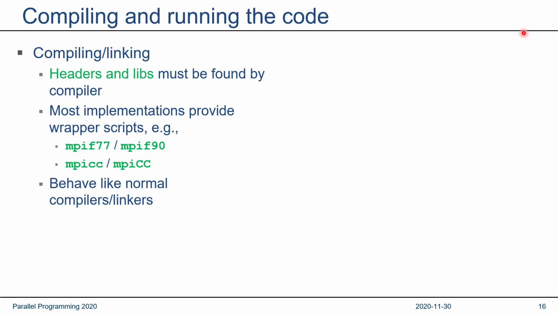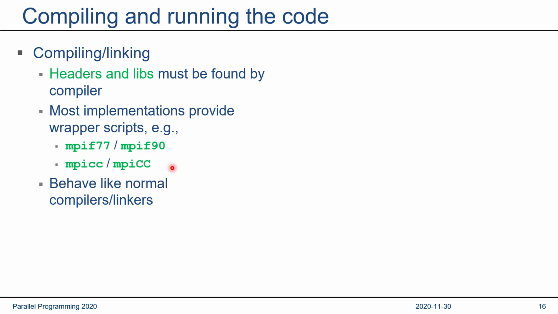This is why most MPI implementations provide you with so-called wrapper scripts, which are similar to compilers. They're called MPI and then some compiler name, like mpif90 or mpicc. They behave like normal compilers or linkers if you don't use MPI with them, so you could just as well use them as your standard compiler.